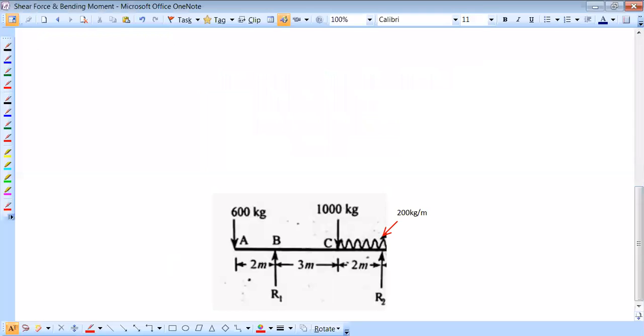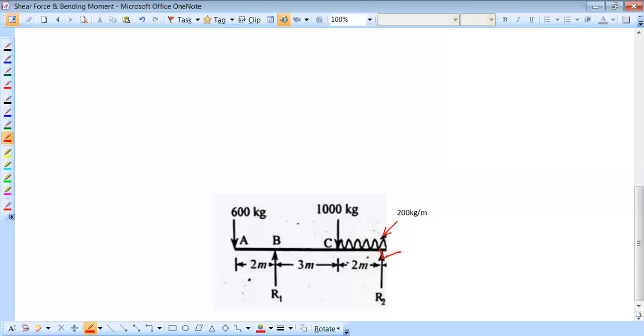Let's see, here we can see it is an overhanging beam, with one support at point B and another support at the end point, R2. The UDL over the beam is 200 kg per meter, with a 1000 kg load at point A, and another 600 kg load at the free end.